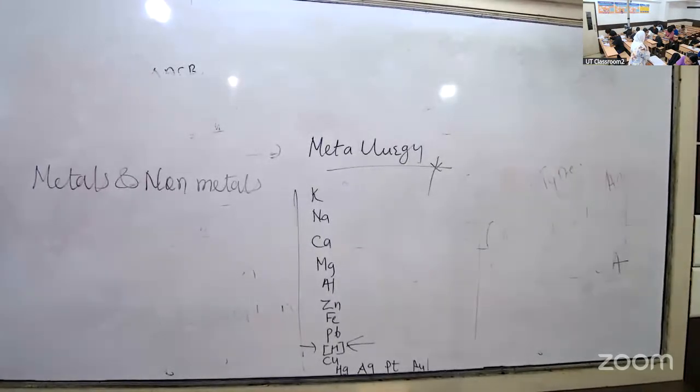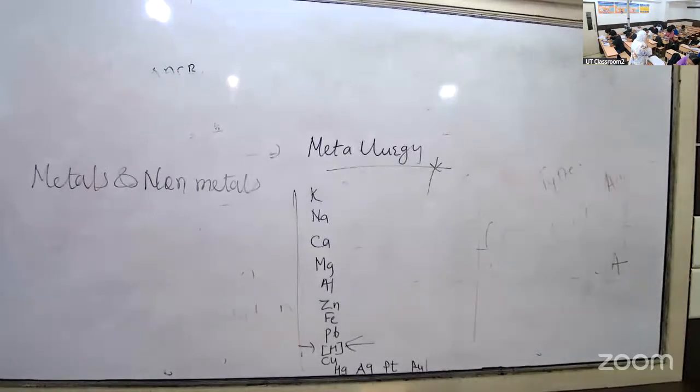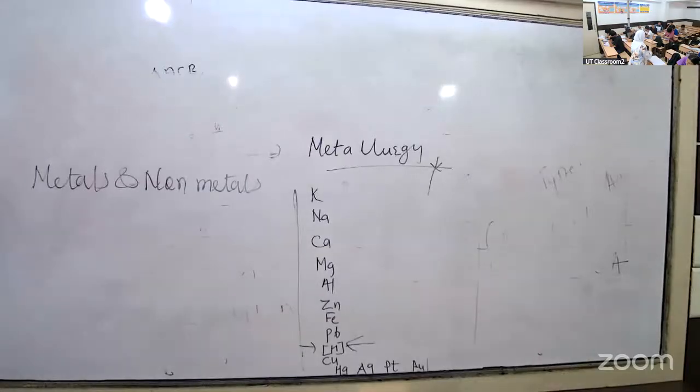Metal below hydrogen cannot. Now pay attention and highlight this. I will give you the reaction, but only half of it, only the reactant part. With reference to this explanation, you have to complete the remaining part.